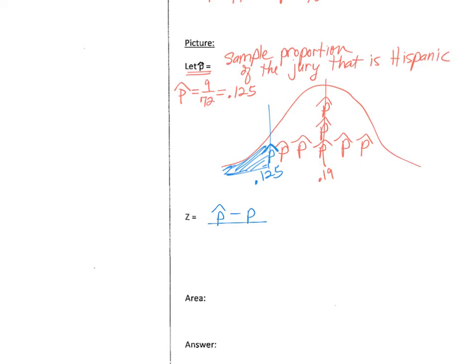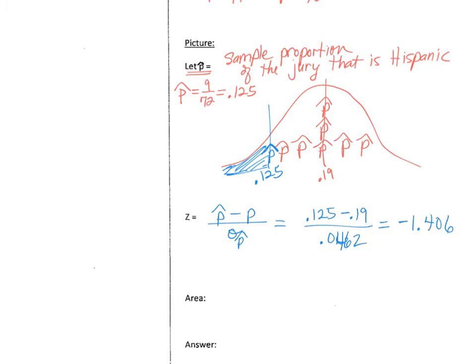Good. p-hat minus the p over your standard deviation of p-hats. And so in this case, that's my 0.125 minus the 0.19 over that standard deviation that we got up above, 0.0462. And that is negative 1.406.